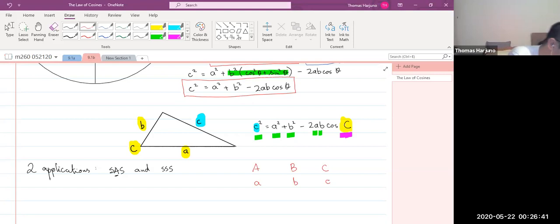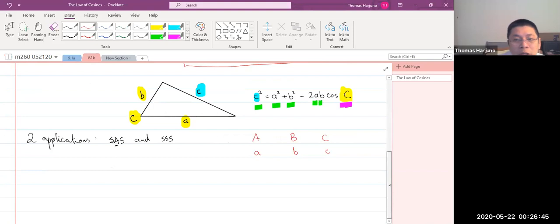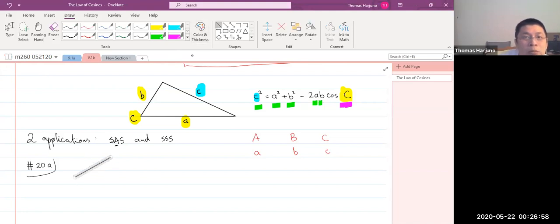Now, let's do some problems. Let's take a look at number 28. Number 28, they actually give us a picture. So we have this situation here. If they give you a picture without labeling, try to label it yourself, okay?